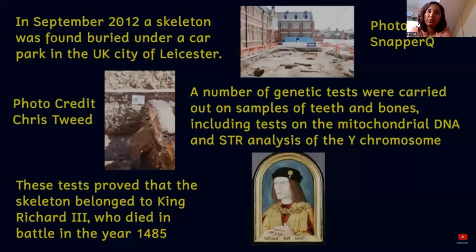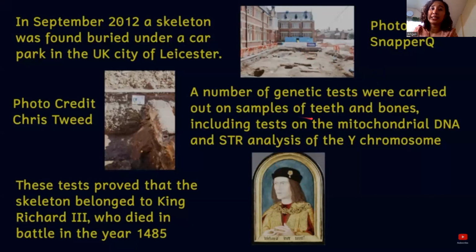So, an example, also by Alec Jeffreys. In 2012, guys, in a car park in the UK city of Leicester, they found a skeleton. A number of genetic tests were carried out.